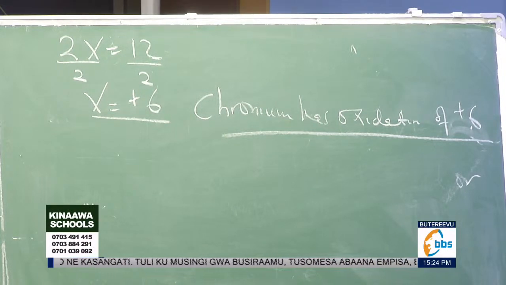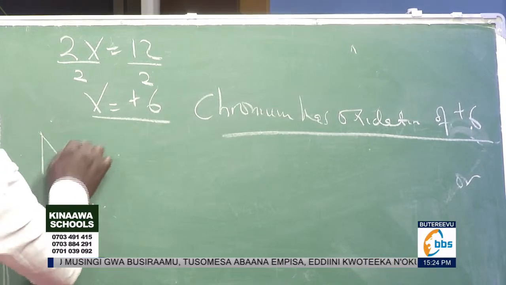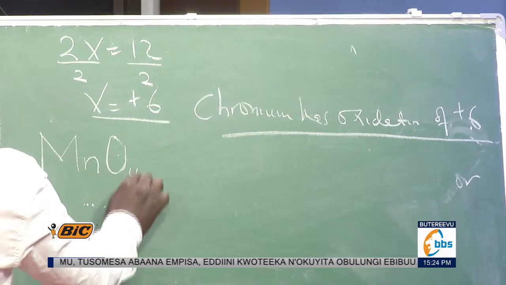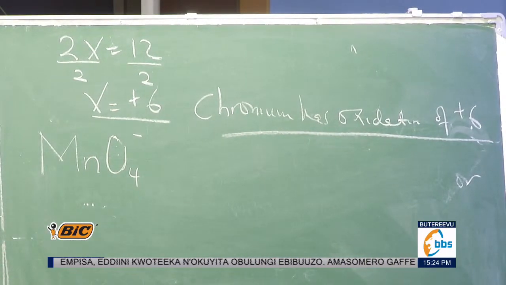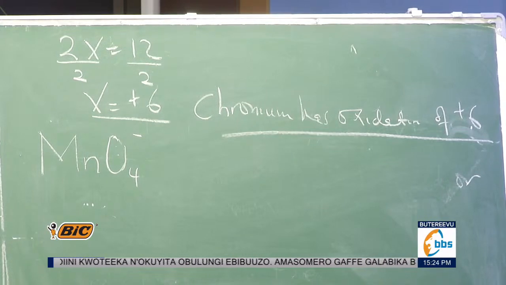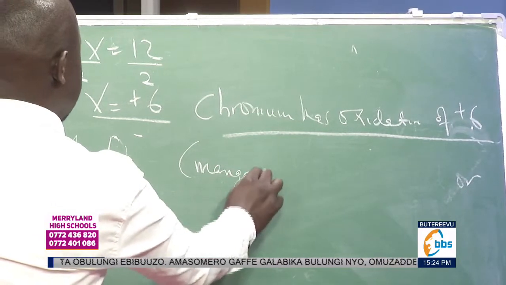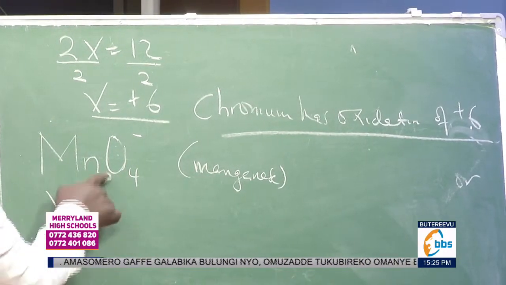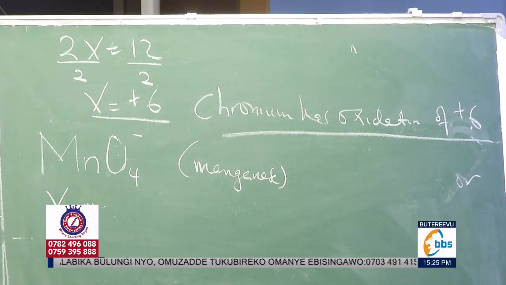Now other compounds have charges. For example, let us look at the manganate. So the question is, find the oxidation state in manganese. So we make manganese become X. Then oxygen, there are 4, and oxygen has negative 2.